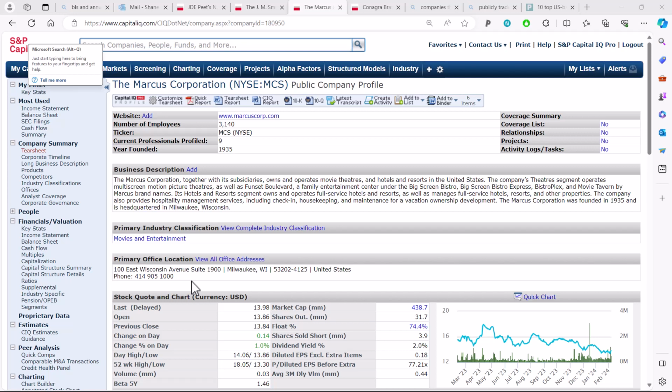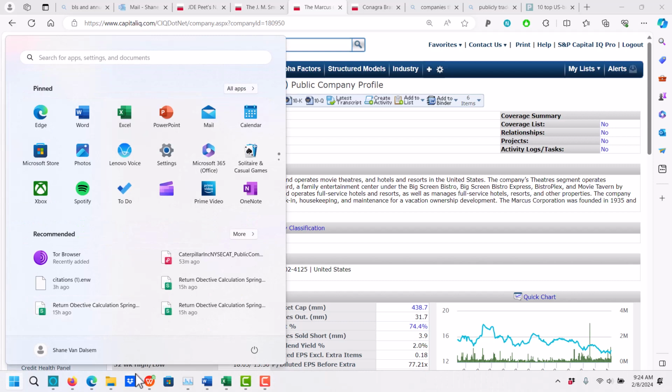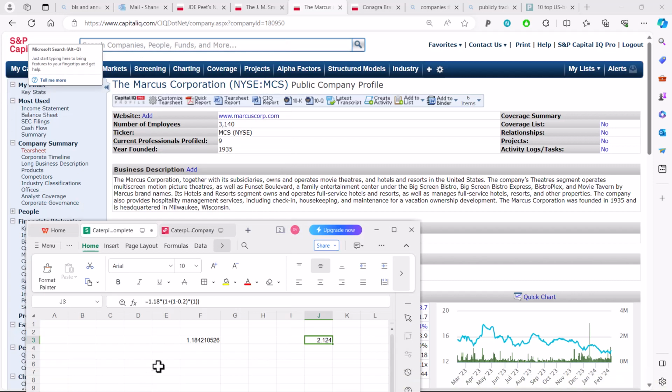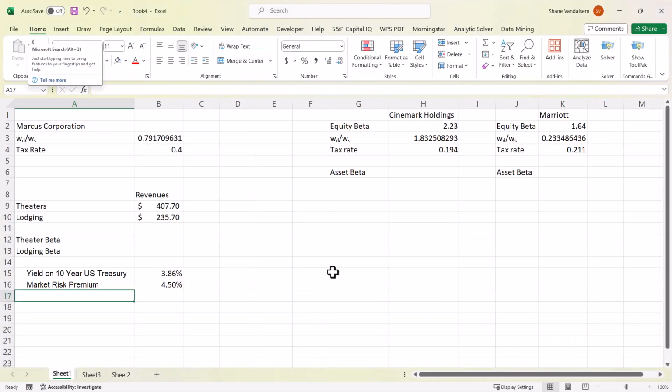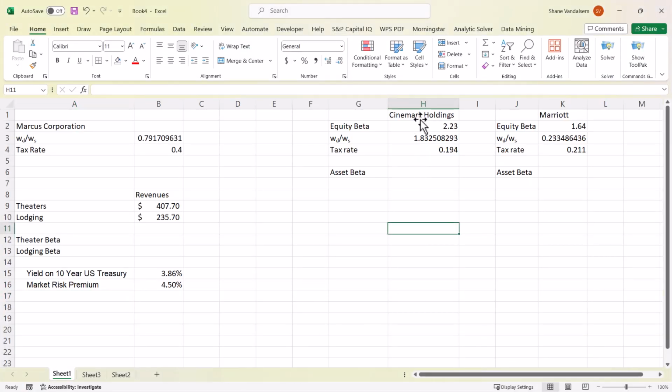And so we have to take a look at projects between the two different segments, having different risk. And so that's what we're going to do here. What we're going to do is calculate the cost of equity using the capital asset pricing model, and using a technique called a pure play. So what I've got here is two different companies that are very similar, or should be somewhat similar, to the segments of Marcus.